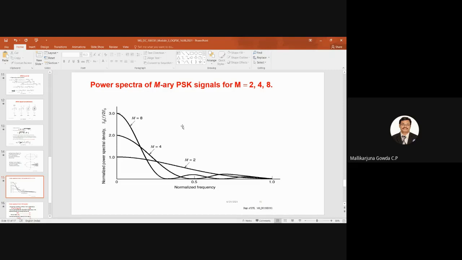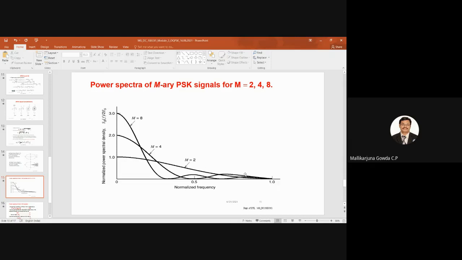For BPSK, what is the magnitude of the signal and where does it reach the 0 point? For QPSK, we have already discussed it, right? Where will it reach the 0 point, and for 8 PSK? See, for BPSK, this is the line, M is equal to 2.